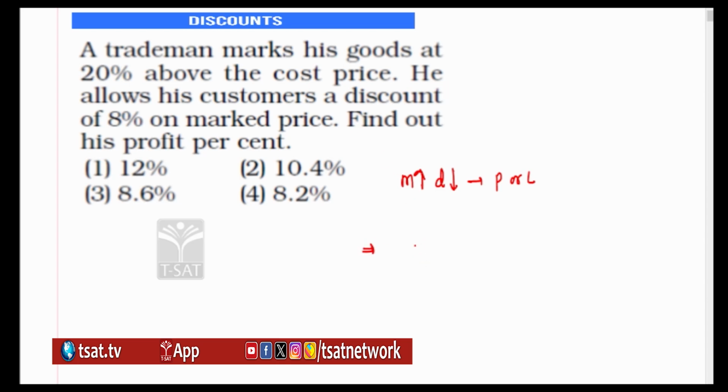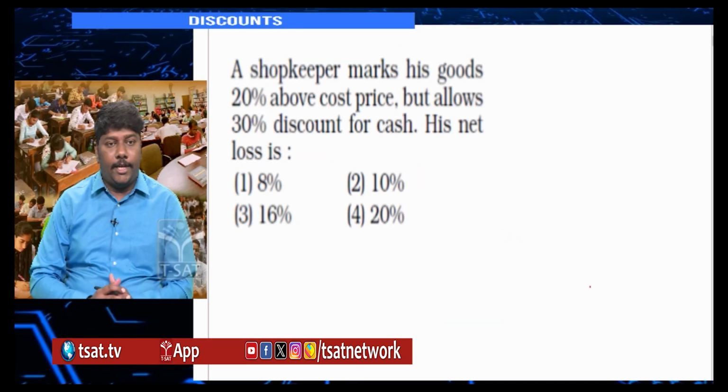Use the formula. 20 increase means 20 minus 8 minus 20 into 8 by 100. This one is 12 minus 160 by 100 is 1.6. You are getting a profit of 10.4. So here we are directly using the formula M minus D minus MD by 100. Look at the next sum.